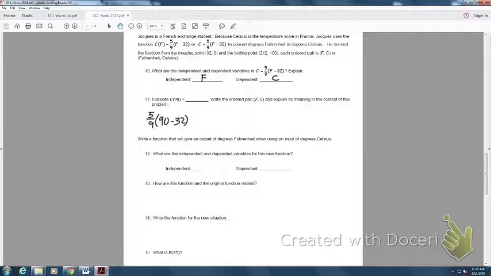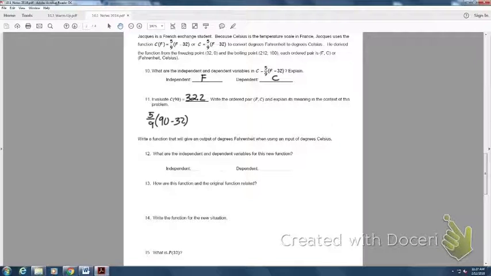Whenever you plug 90 in for F, you should get roughly 32.2. Mind you, it was a fraction. So what that means is whenever it is 90 degrees Fahrenheit, it is 32.2 degrees Celsius.